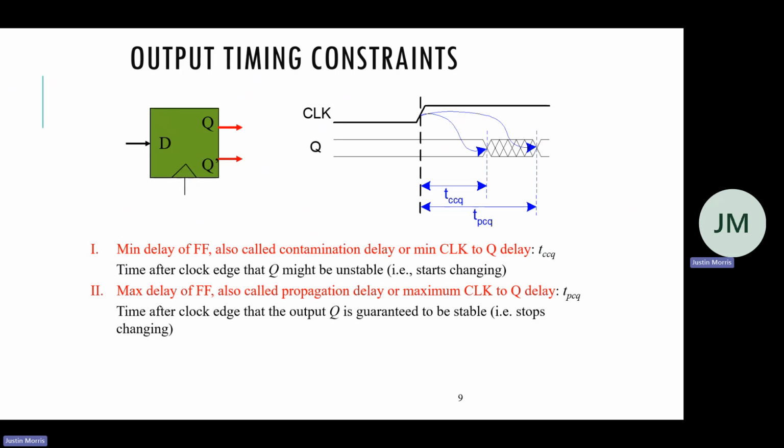It's still changing. Okay. And then we have the maximum delay of a flip-flop. This is the propagation delay, right? This is T propagation clock to Q, TPCQ. So this is the time after the clock edge that output Q is guaranteed to be stable.